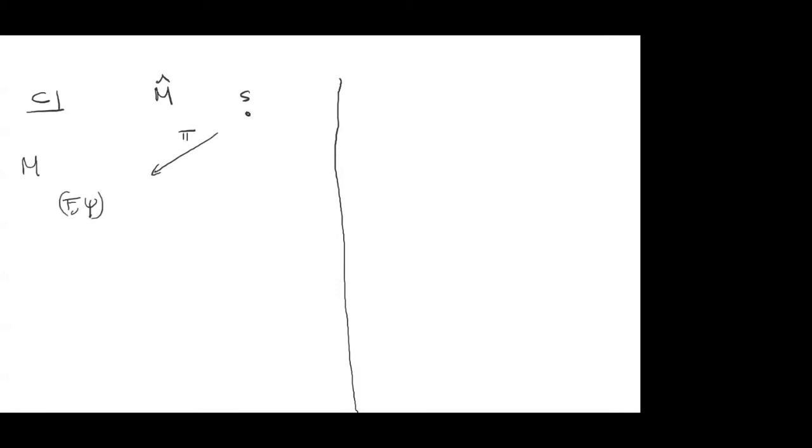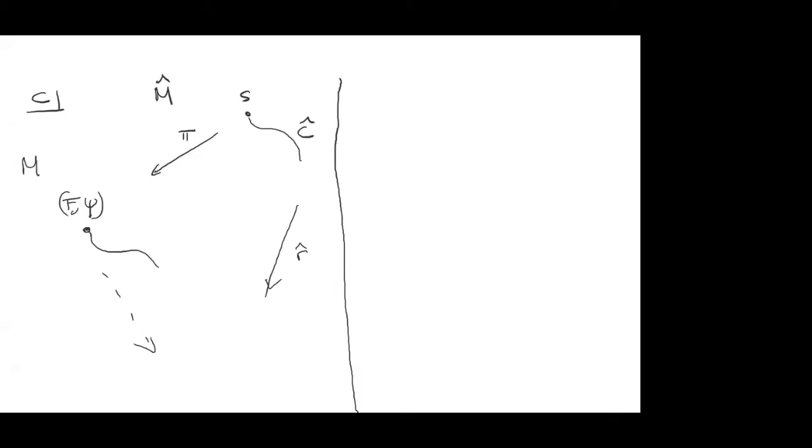So now, since M hat is quasi-projective, we can approach S from the moduli space, okay, which produces a curve down here and a curve under R hat in the moduli space.